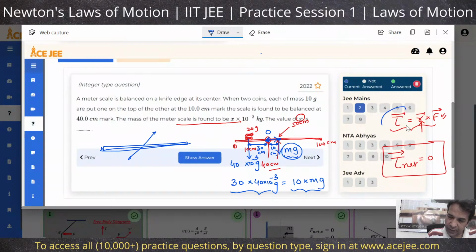No, torque is a vector quantity. The direction is given by the cross product rule, right? You guys have seen this, no beta? If this is vector A, this is vector B, then A cross B would be this vector.